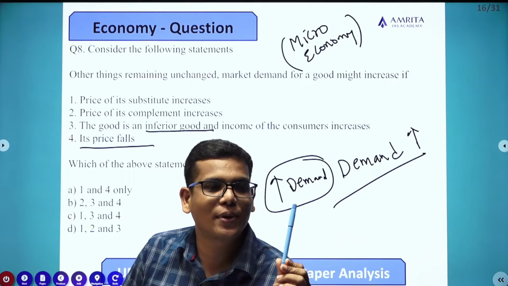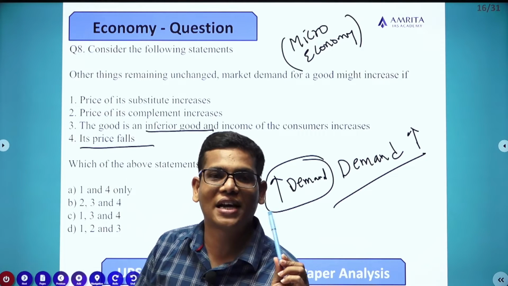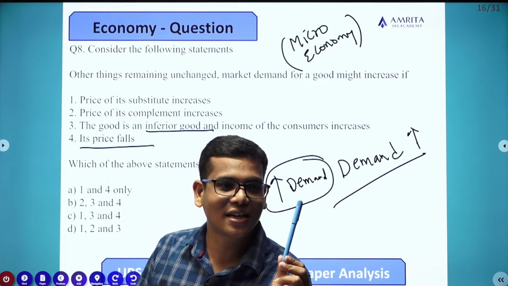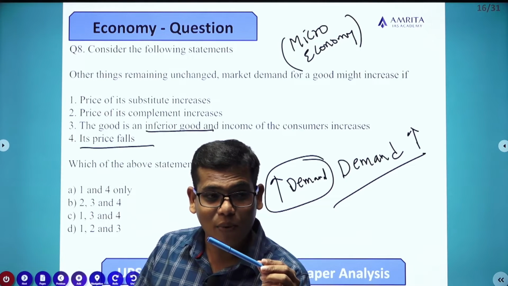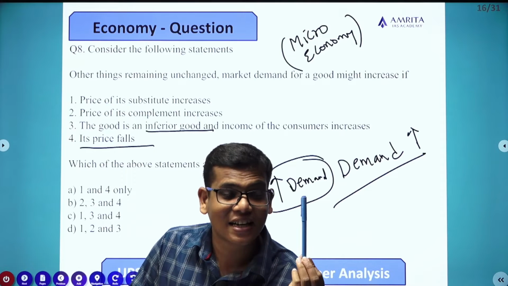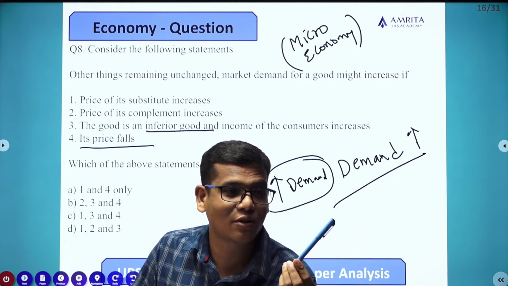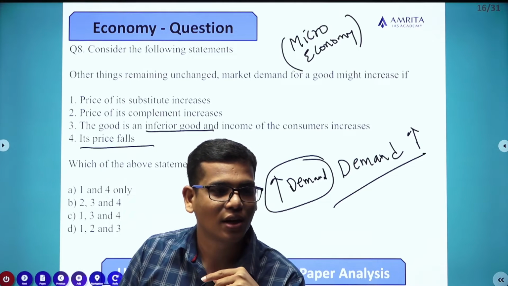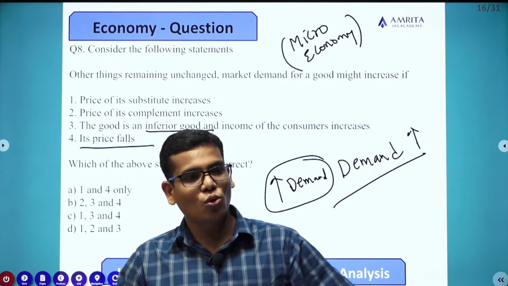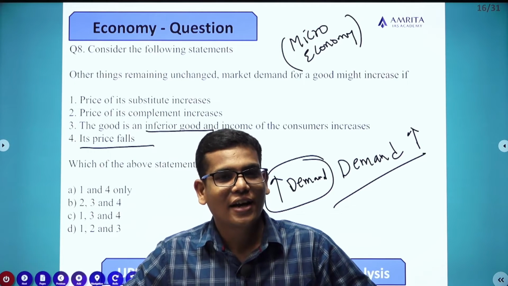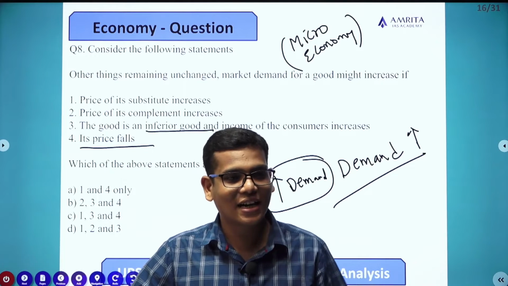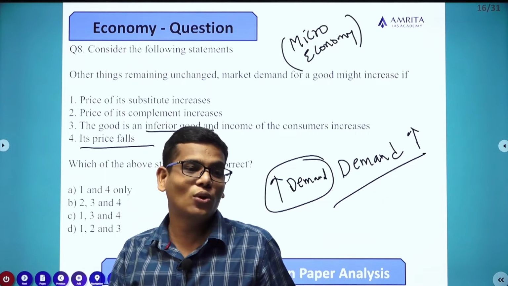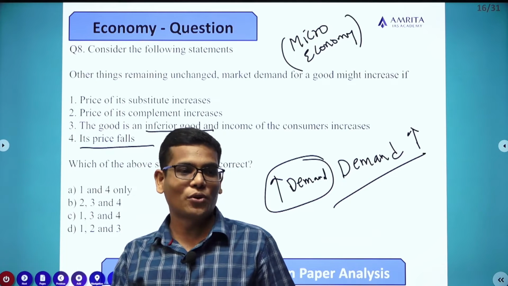Why am I using a pen of 2 rupees? Because I don't have enough income. When my income increases, I will abandon it because this is an inferior good. Inferior goods are purchased only when income is low, but when the income increases, the demand for the inferior good will come down. It is in the opposite way.